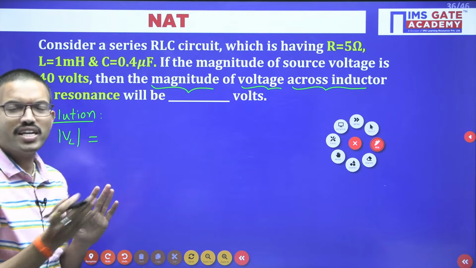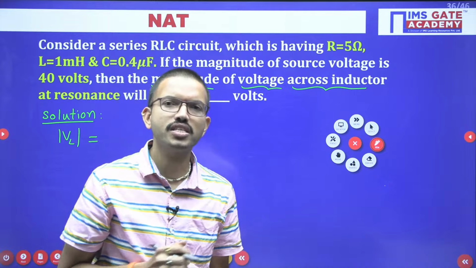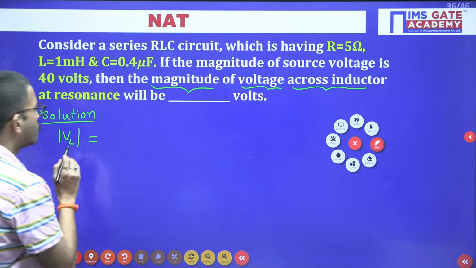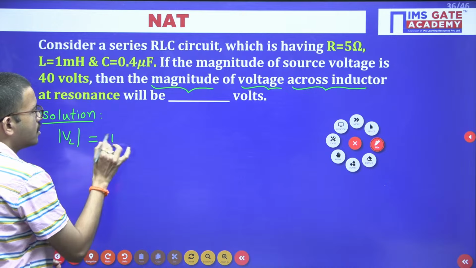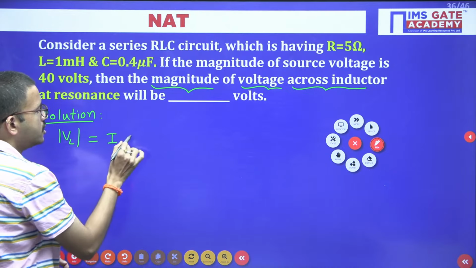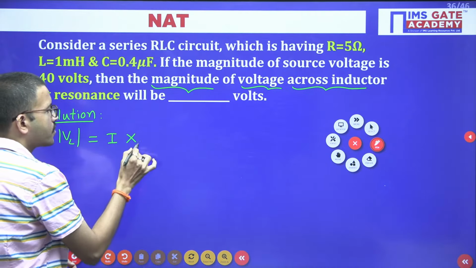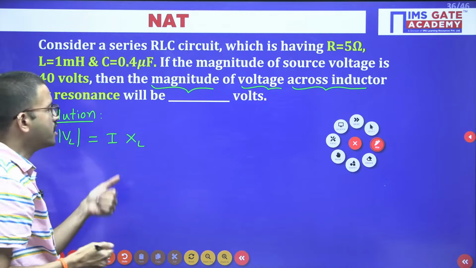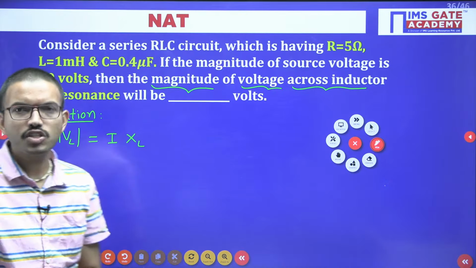But the only difference, whenever inductor, capacitor is there, we will introduce the term impedance, that's all. So, voltage across inductor equal to current I into impedance. Impedance magnitude when you have considered, from there we are going to get the reactive component.